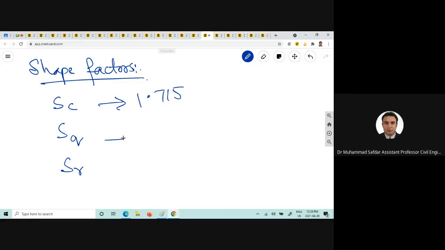What is Sq? 1.357. 1.357. S gamma की भी 1.357. Agree?